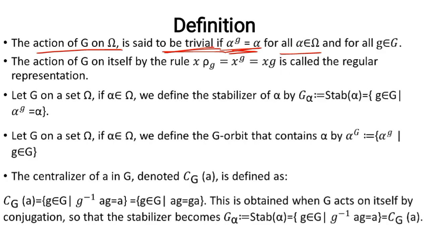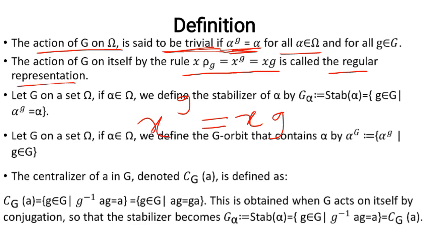Now, the action of G on itself by the rule you see here, whenever G acts on X and it becomes XG, the action is called a regular representation.